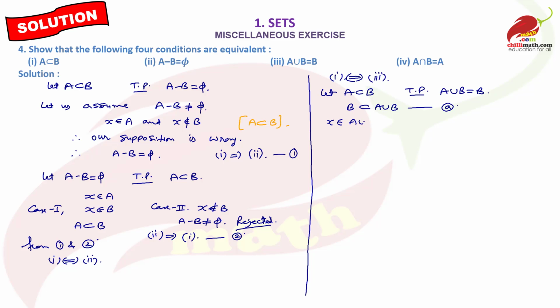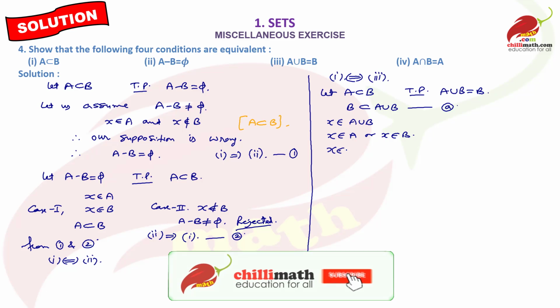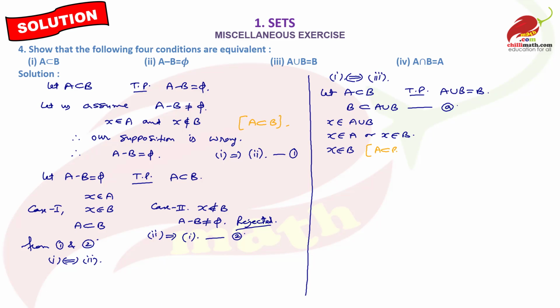Let x belong to A union B. So x belongs to A or x belongs to B. If x belongs to A, then x will definitely belong to B, because A is a subset of B, we have assumed.